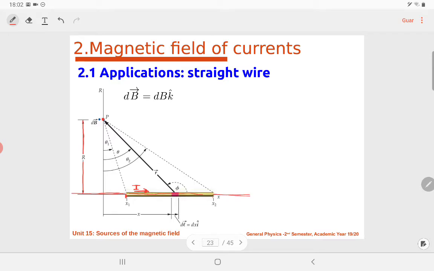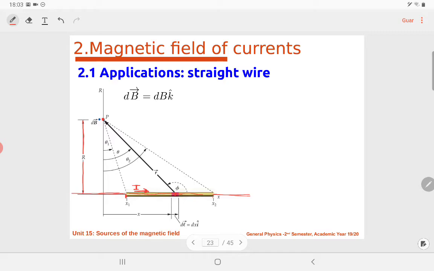Okay, so to do this, we will have to apply again our knowledge of the Biot-Savart law, and then we would have to begin by trying to know what the direction of the magnetic field is. So in this case, we take a piece of the wire.